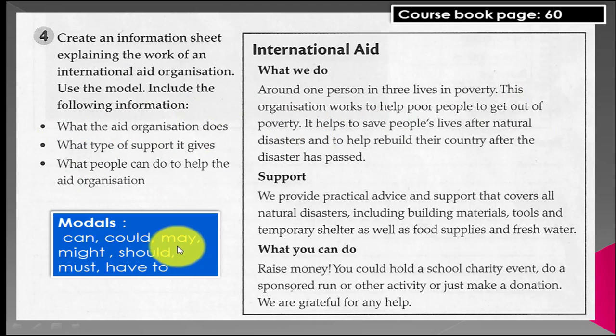You can say also it may help to save people's lives. Now, according to, for example, should, you can say you should raise money for charity. You have to hold a school charity event. So use these modals and use the information here to write ideas about the specific information here on the left.